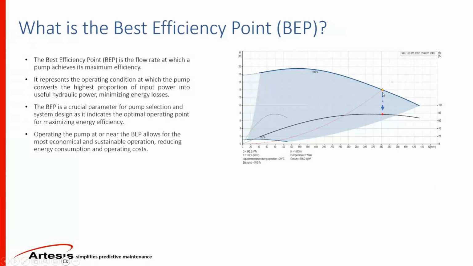If we were to change the flow rate without changing the speed, you will see that this operation point will move towards left or right. And if I move to the right, the efficiency of the pump will actually decrease towards 60%. And if we throttle the pump to the left, without changing the speed, you can see that this is going to move over here, so the efficiency will decrease.